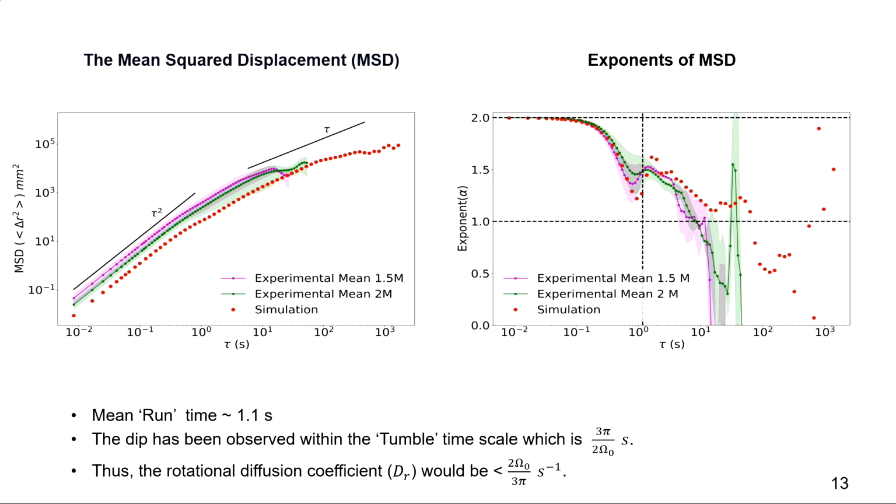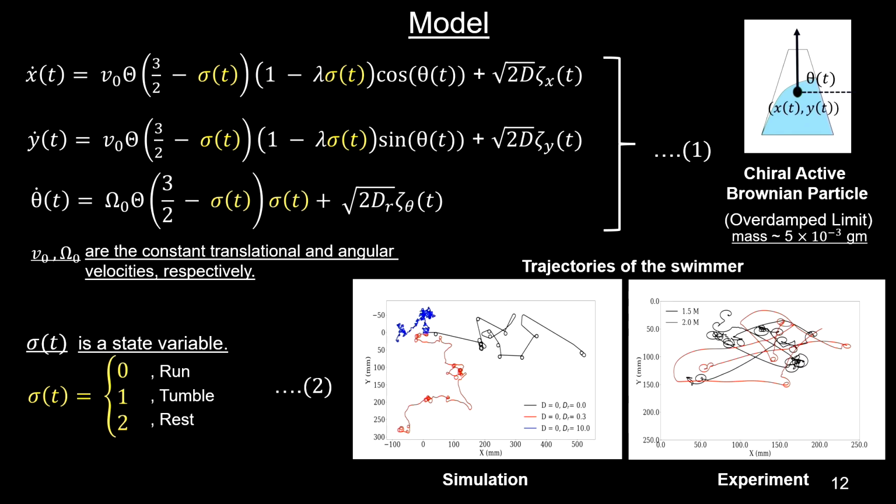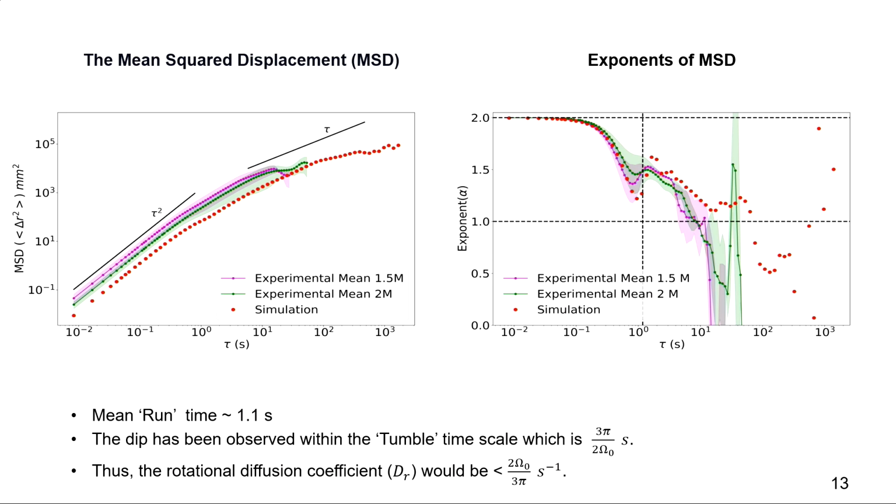First we were confused by this slow crossover, and then we plotted this exponent, and here in this exponent you can see there is a dip. This dip can be controlled with the parameter lambda. If you reduce the value of lambda, the tumbling radius will be increased, and the dip of this exponent will change also. It will be deeper. So that's the point.